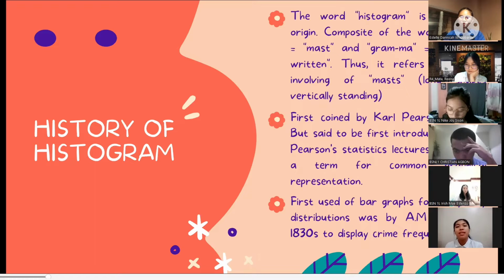But it was said that it was first introduced in one of Pearson's statistics lectures in 1892 as a term for common graphical representation. The first use of bar graph for frequency distribution was by André-Michel Guerry in the 1830s with the purpose of displaying crime frequencies. Next slide, please.